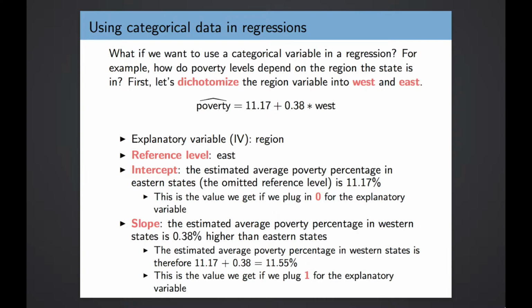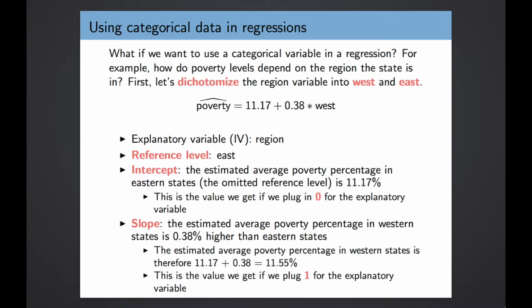So when x is equal to 0, that means that the state is in the east in this variable that we've coded this way. So when x is equal to 0, the predicted poverty percentage is 11.17. It's equal to the intercept. So this is a case where the value of the intercept matters quite a lot. So that's how we tell our predicted poverty level for states in the east.